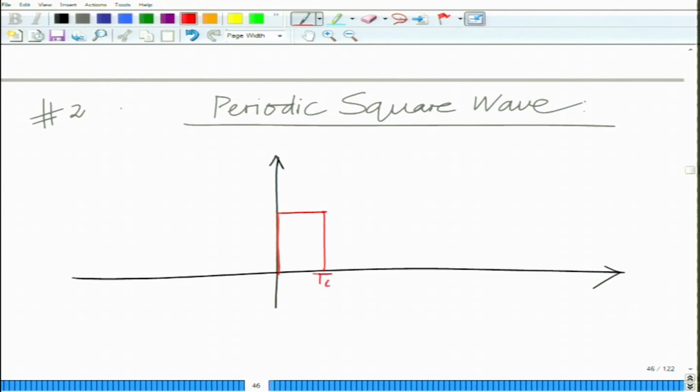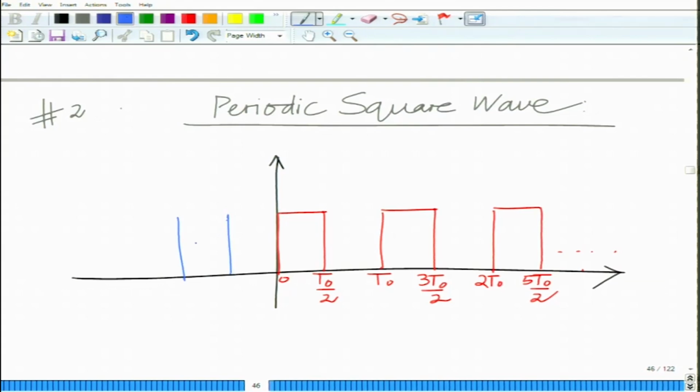So this is of width T naught by 2, and this has a period of T naught.